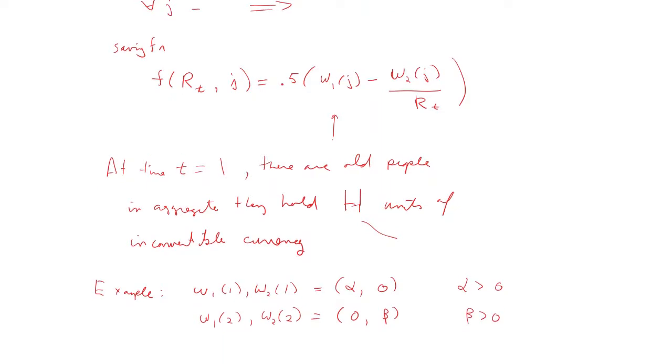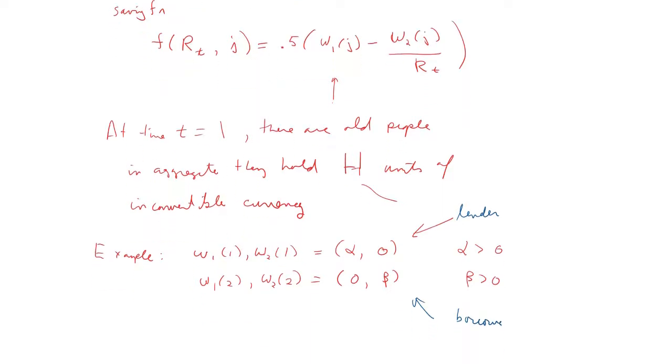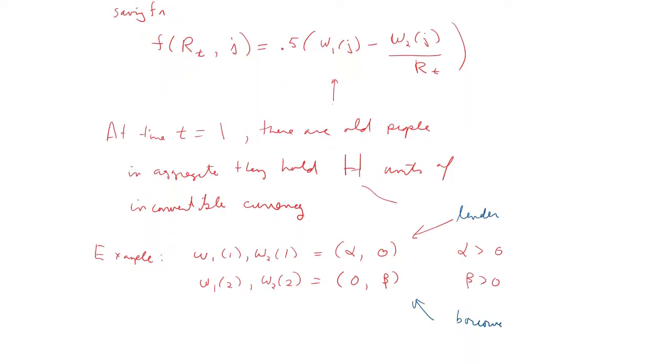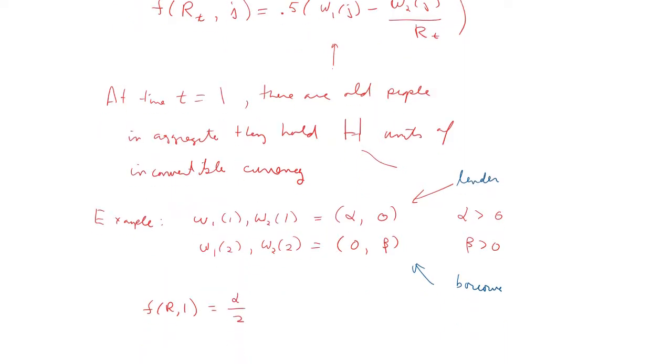So you can kind of guess, this person is going to be a lender, and this person is going to be a borrower. How do I know that? Well, I'll calculate the saving functions. If I take f of r1, the first type of person, this person saves half of his endowment, regardless of the interest rate.